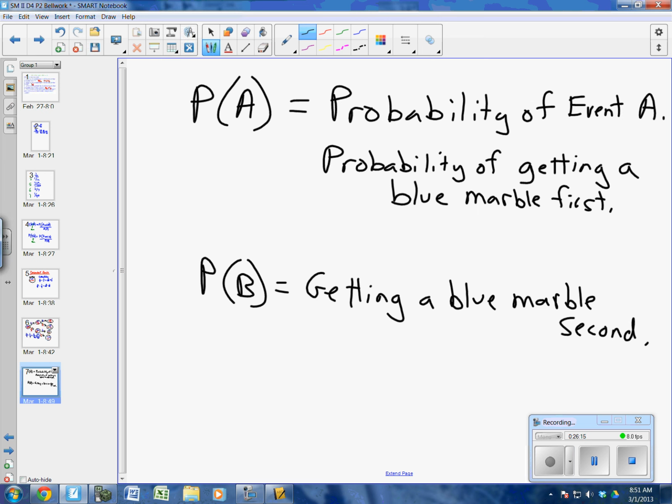So this is it right here. So we have to say which one we want first. And the symbol, we're given probability of B given A, is how we say that. It means event B given event A.